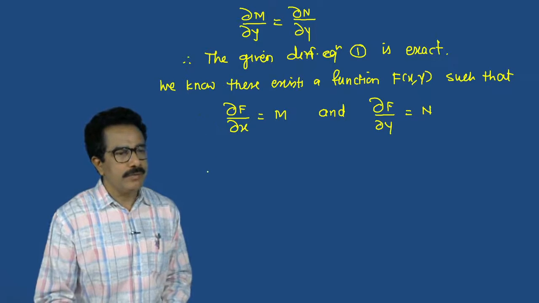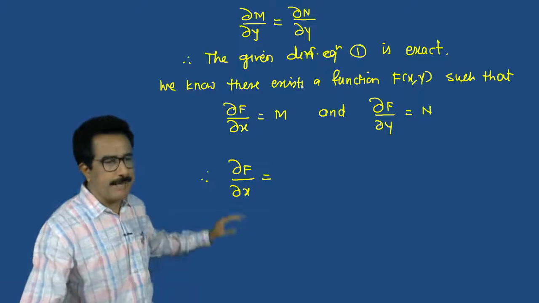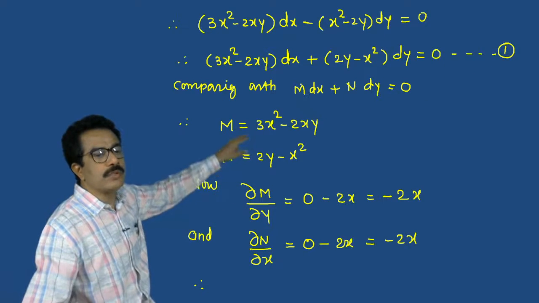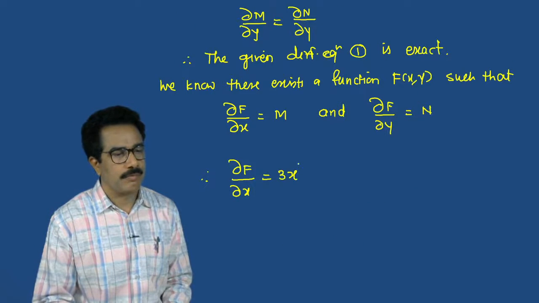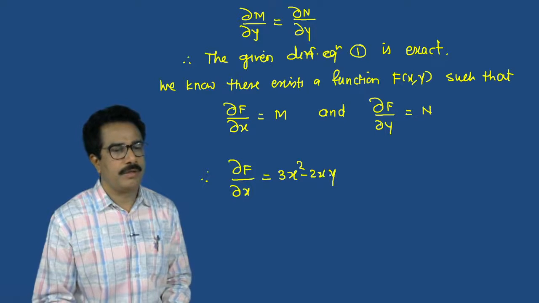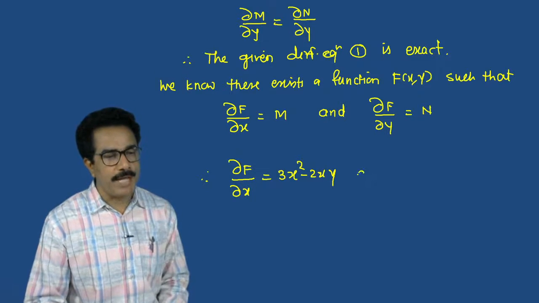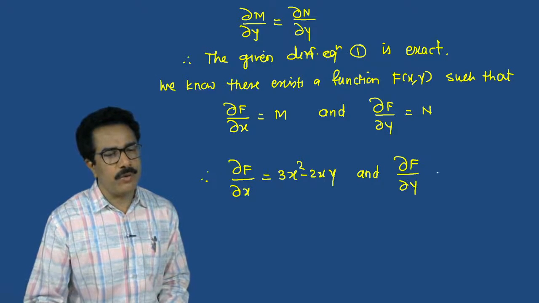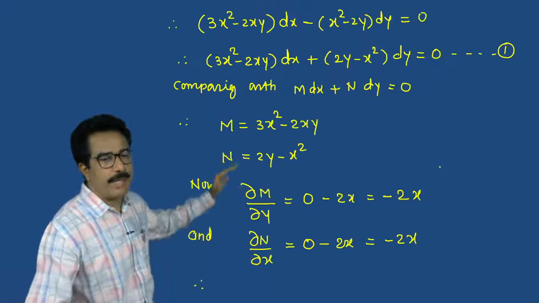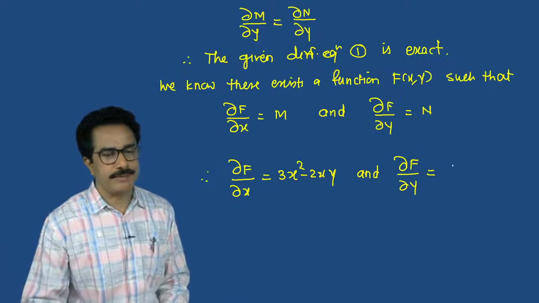Now put this value: ∂F/∂x equals capital M means you have to put 3x square minus 2xy. And ∂F/∂y equals capital N, which means 2y minus x square.